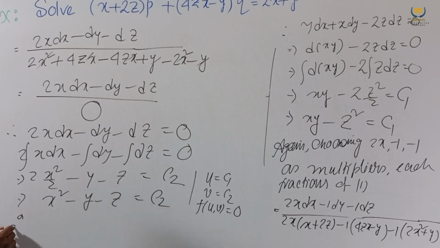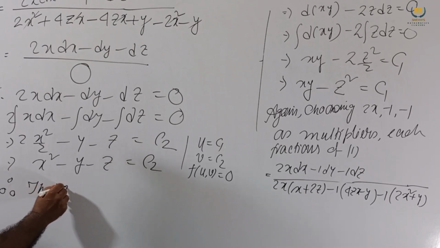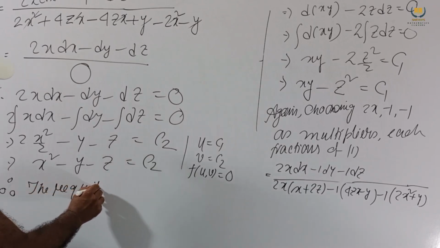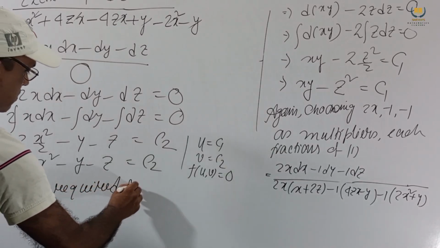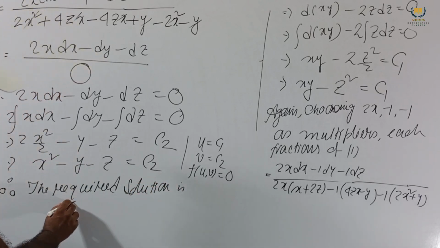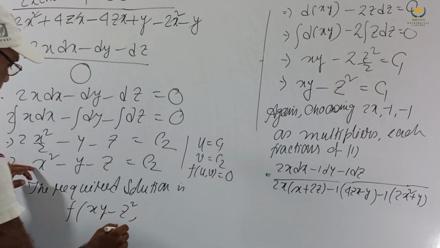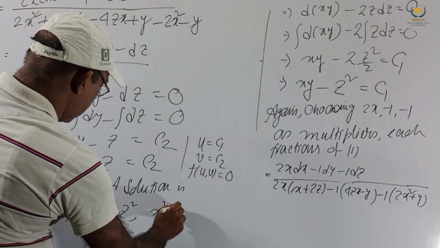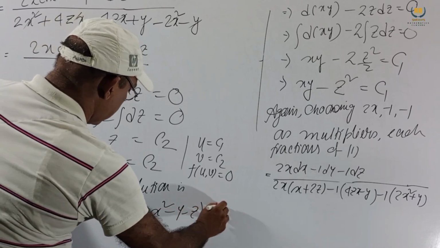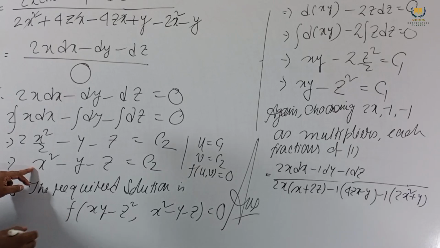Therefore the required solution is f of xy minus z square comma x square minus y minus z equal to 0, and this is our final answer.